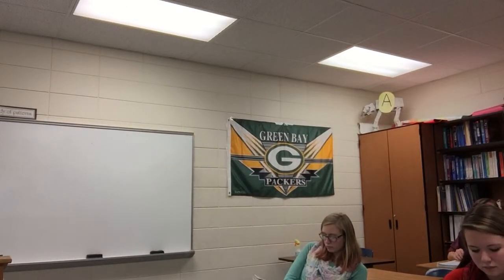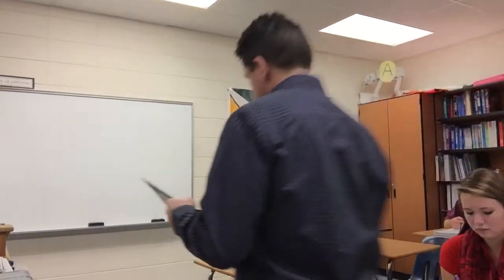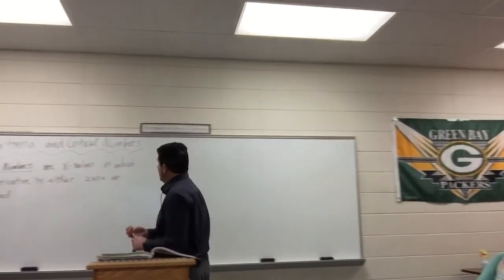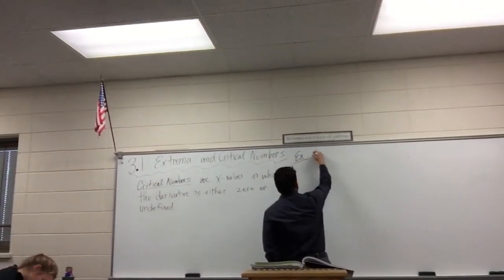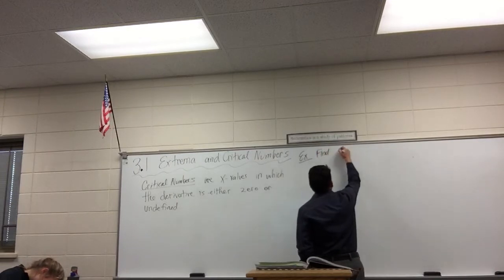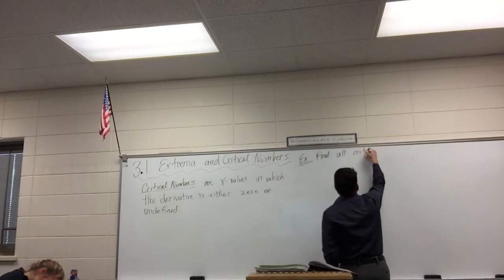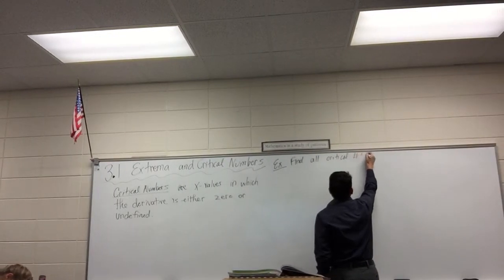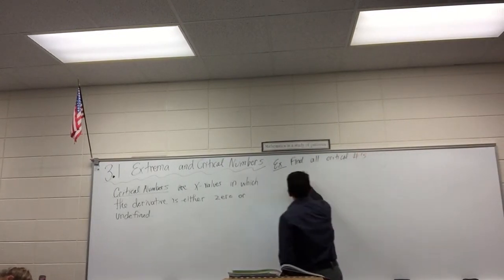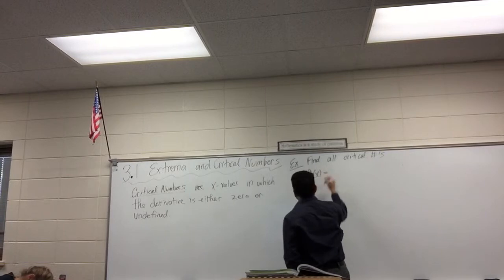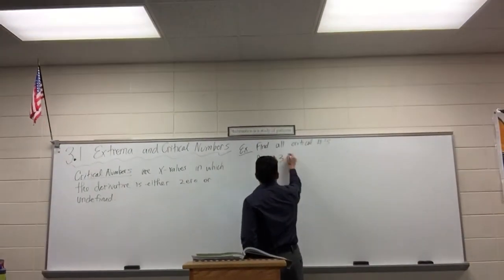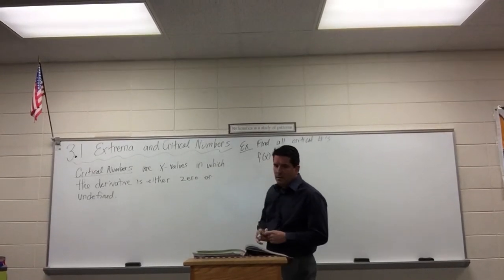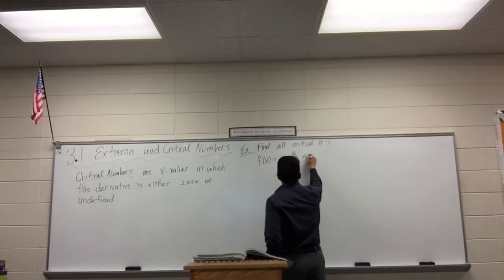So let's find a couple. So example 1. Directions are find all critical numbers. And the first one is f of x is equal to 3x to the 4th minus 4x cubed.